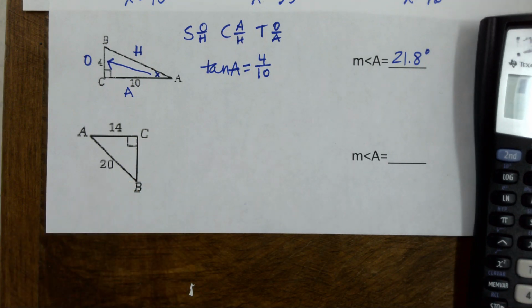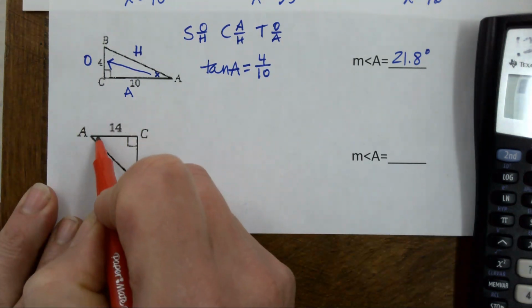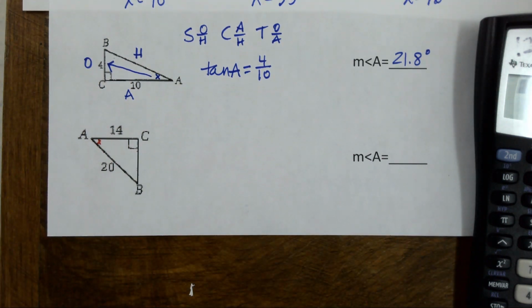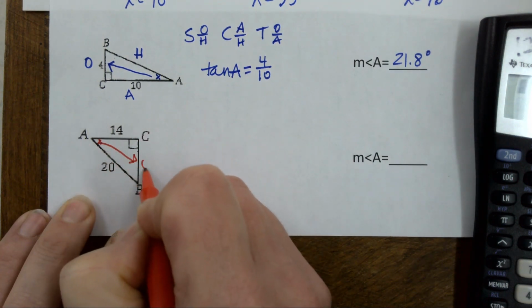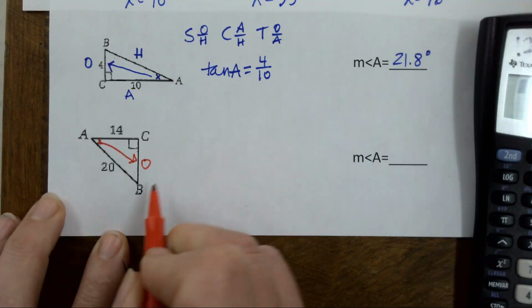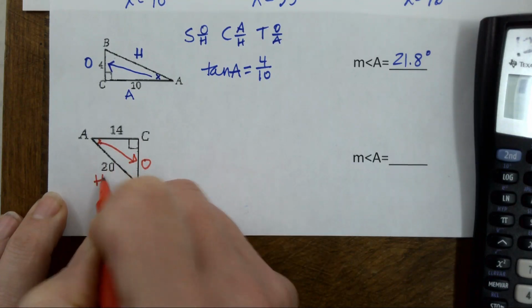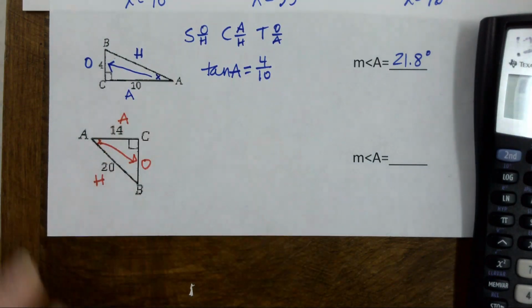I'll pause and we'll take a look. So the measure of angle A, I put a little mark in that corner because I know that's the one I'm looking at. I label the opposite. Then I find the hypotenuse and then fill in the adjacent.